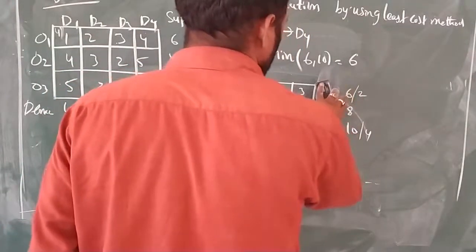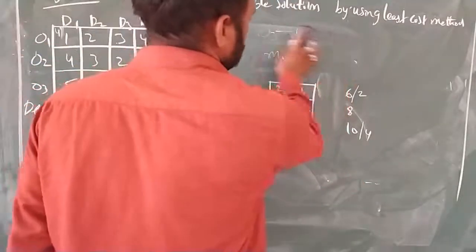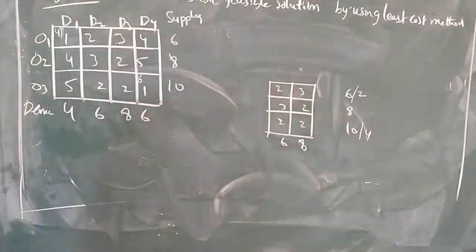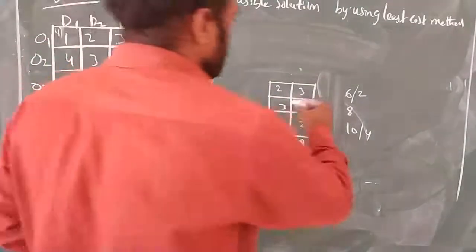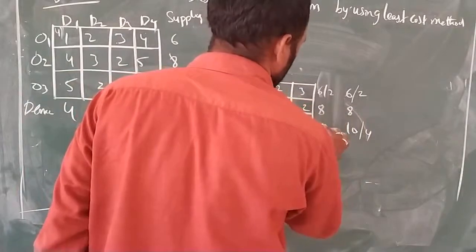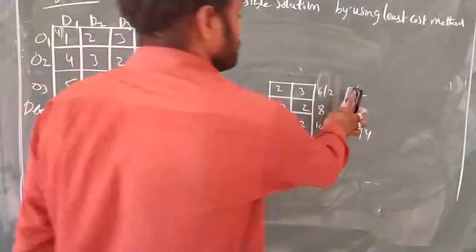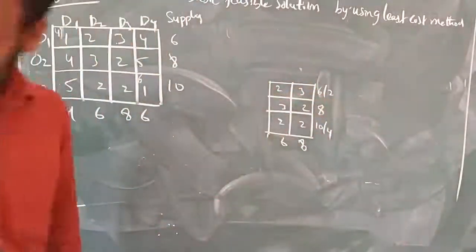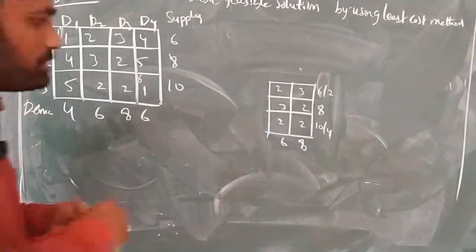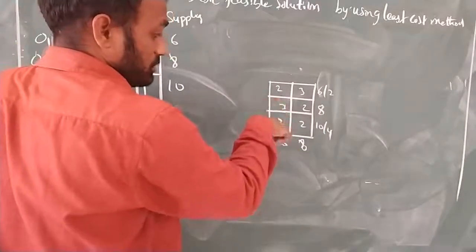So this is the reduced table. So let me write here 6 by 2 and here 8, here 10 by 4.